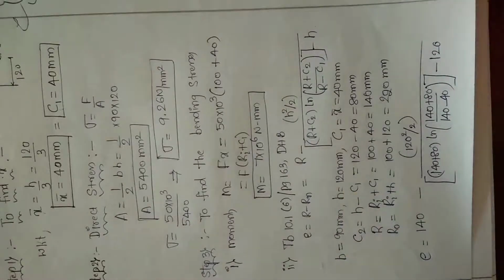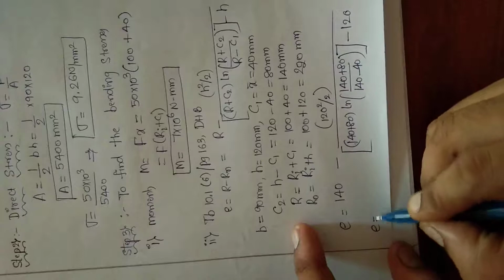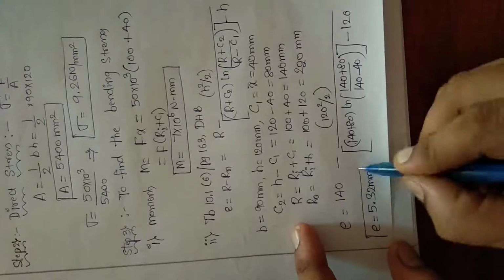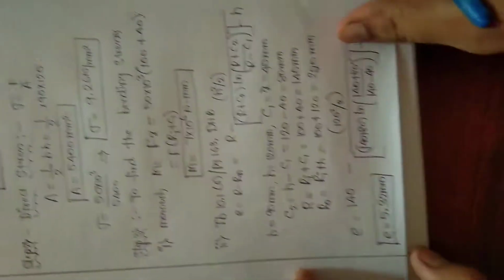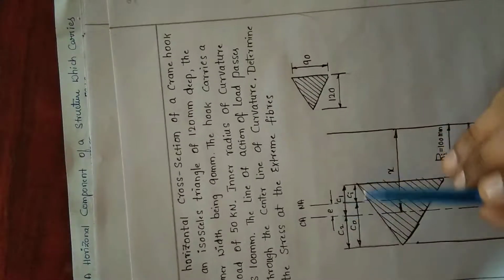So finally I got the E value. E is equal to 5.32 mm. Once I got the E value, I can find Ci and C naught.